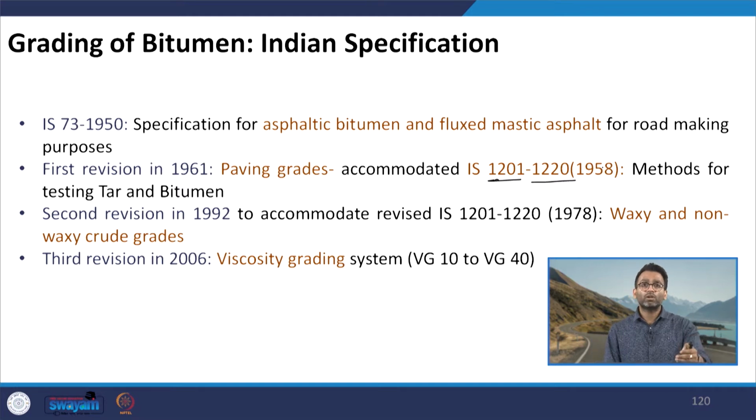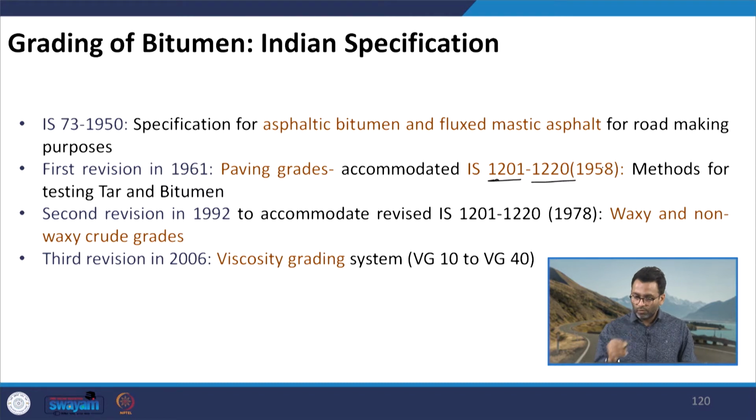The third revision came very late, around 2006. Here we started using the viscosity grading system, and in India we define the viscosity grade as VGX, where VG denotes the viscosity grade and X is a number, again which represents the viscosity of the binder at 60 degrees Celsius, similar to the AC grades which we have talked about in the previous slide.